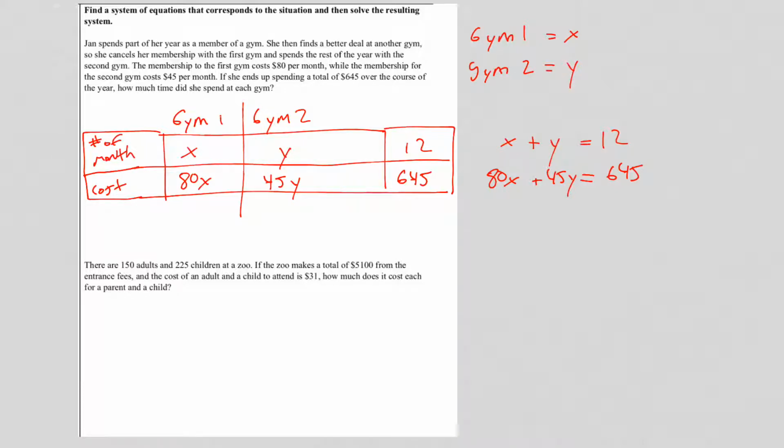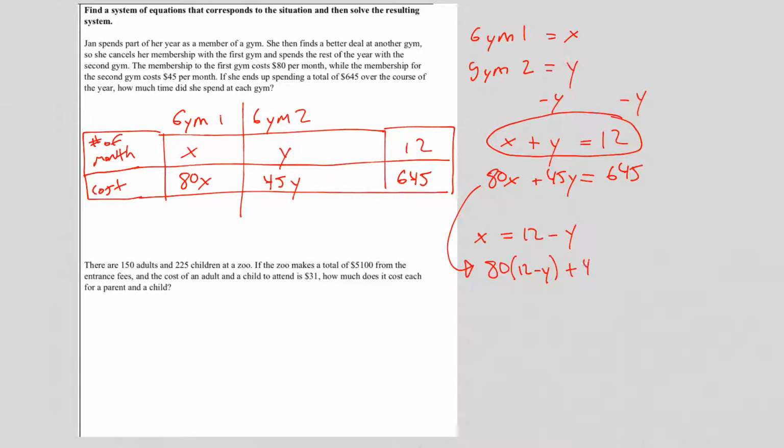Okay, so from here, I'm going to use the substitution method. If I subtract y from both sides, I'm going to get x is equal to 12 minus y. And if x is equal to 12 minus y, I can substitute here now. 80 times 12 minus y plus 45y equals 645. 80 times 12 is 960, minus 80y plus 45y is equal to 645.